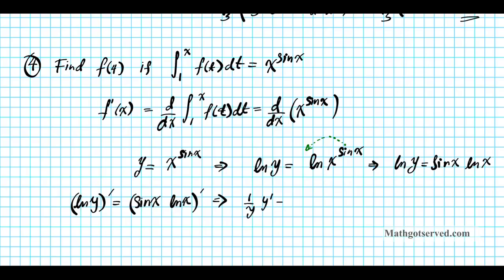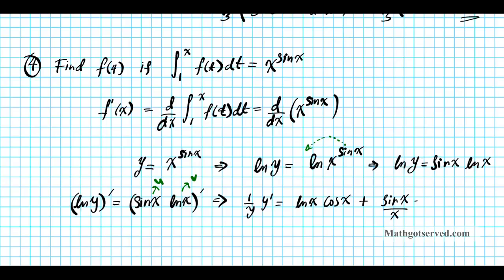And on the right side, we're going to use the product rule. So this is u, and this is v. We're going to have v u prime, ln x, derivative of sine x is cosine x, plus u v prime, so u is sine x, and the derivative of ln x is 1 over x, so sine x over x, like that.